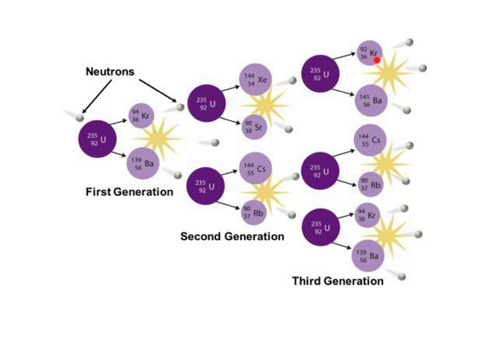Okay, some of them are the same. Here's that krypton and barium again, but you can see other combinations that are possible: cesium and rubidium, xenon and strontium, things like that. And it goes on. Then the neutrons of this guy hit another uranium, and the process continues. So this shows 3 generations.